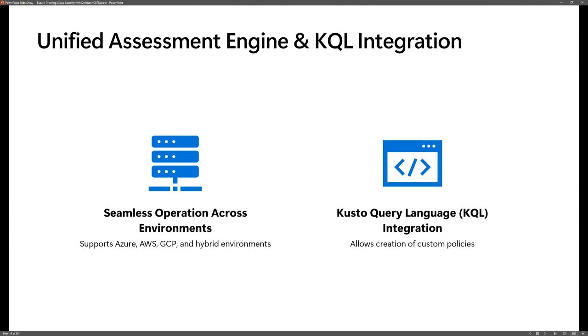As we expanded to cover AWS and GCP, we needed a new solution that was shared in terms of consistency across the three environments that we support, and more to come, right? Azure, AWS, GCP, and others to come. We cannot just build a solution for Azure, one for AWS, one for GCP.